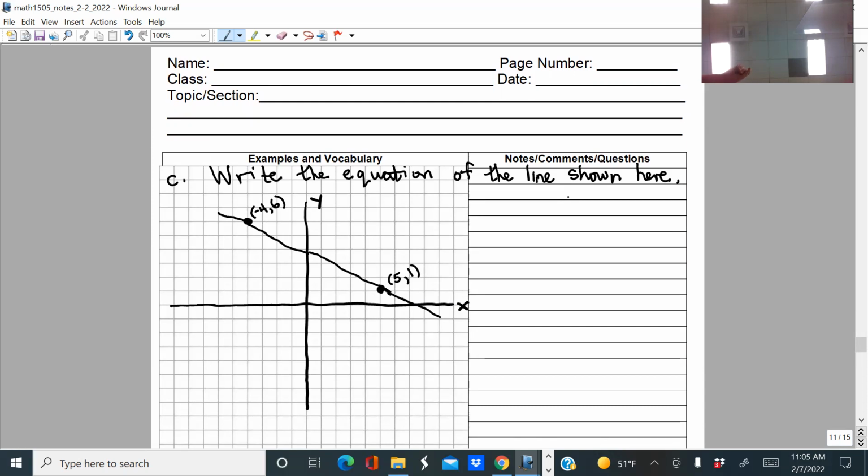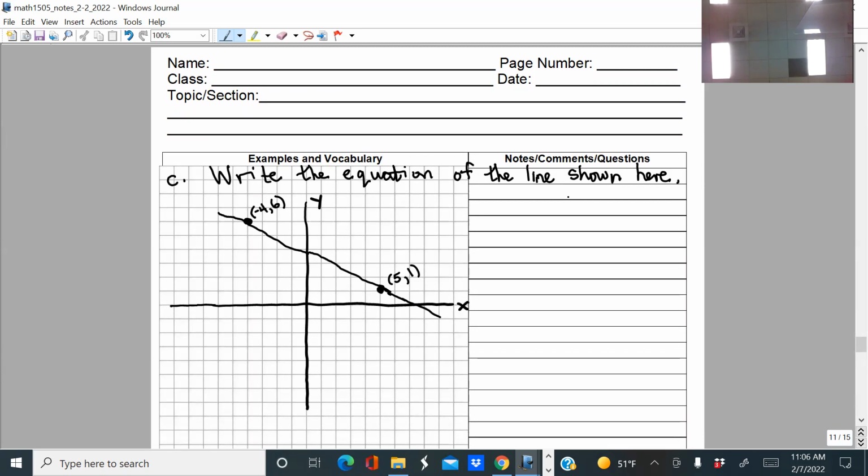So this is a really important process with all types of curves, being able to look at a graph and write down the equation for that graph, but it's particularly important for lines, because this is the simplest type of curve. So if you can't do it for lines, then you're not going to be able to do it for more complicated types of curves as well, right? So you've got to really get this right for lines, and this is something that's frequently missed on tests, but it's easy. It's a very easy process.